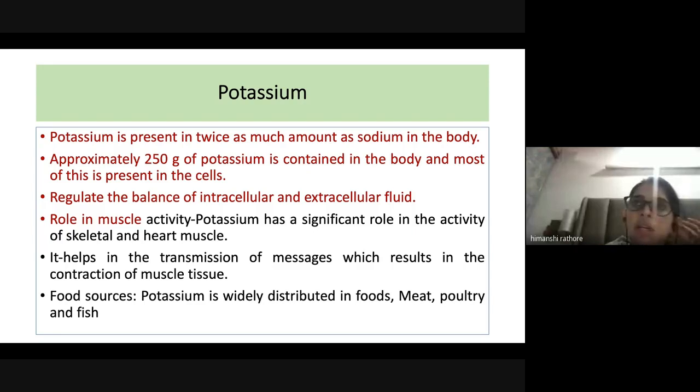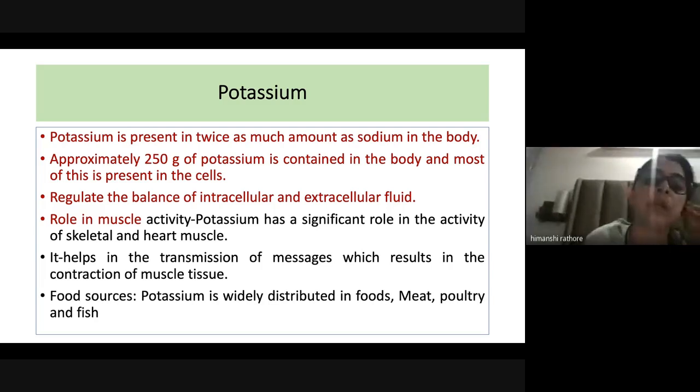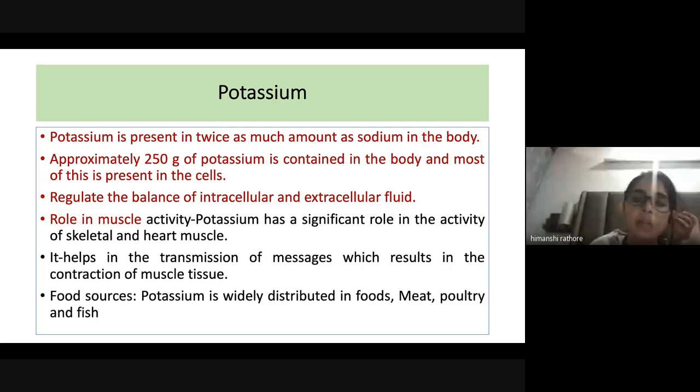So they are interconnected. Potassium, chloride and sodium, these three minerals perform similar functions because they are present in the cell fluid. Another important function that potassium plays is a role in the activity of skeletal and heart muscles.